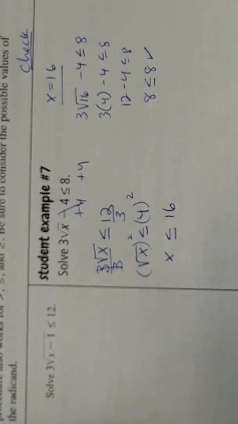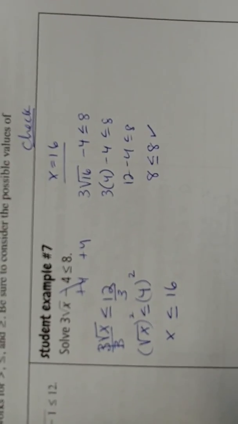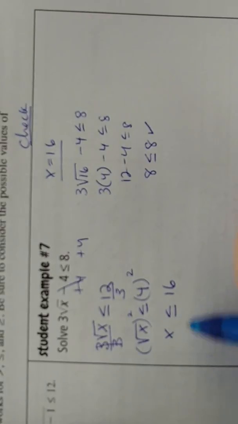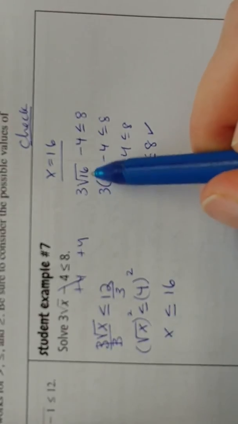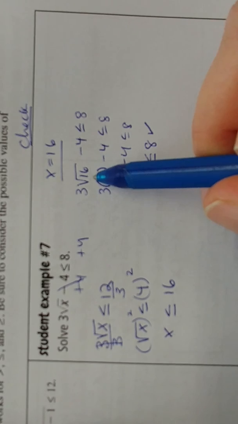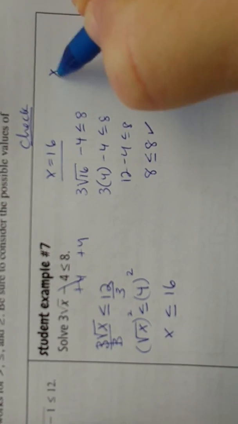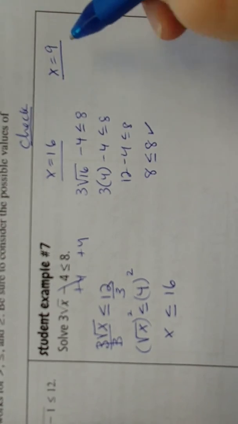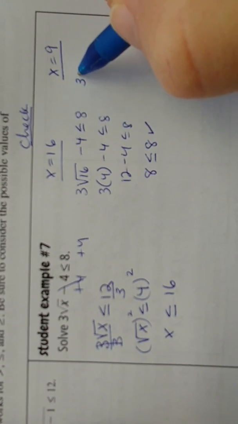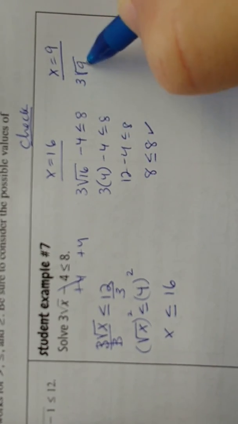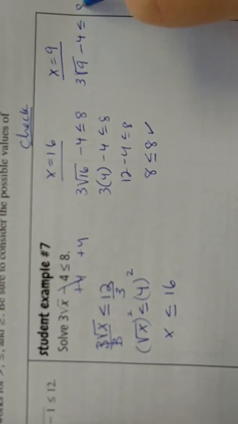And then I also want to check a number that actually is less than 16 from this inequality. So if I test a number less than 16, we want to be able to plug in something here that's a perfect square. So I'm going to try 9. So when I test a 9, which is less than 16, I get 3 radical 9 minus 4 is less than or equal to 8.